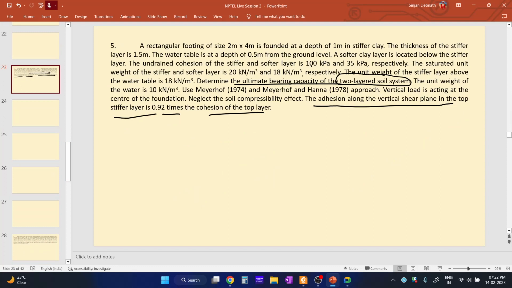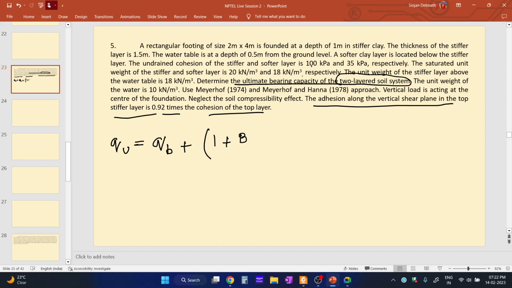So now the ultimate bearing capacity for the two layered soil system, QU, is equal to QB. You know what is QB? It is the bearing capacity of the bottom layer plus the shape factors.